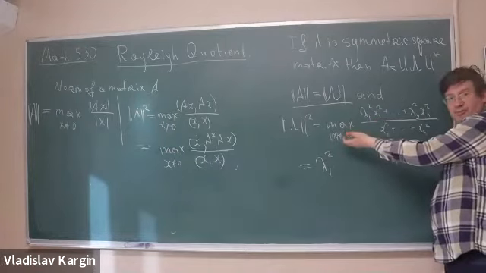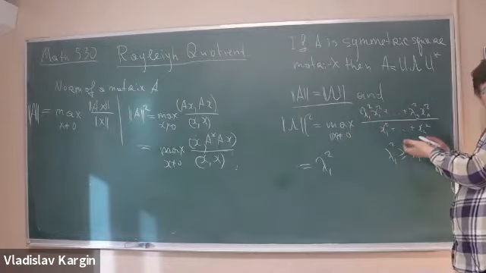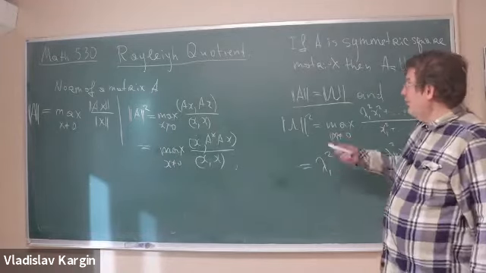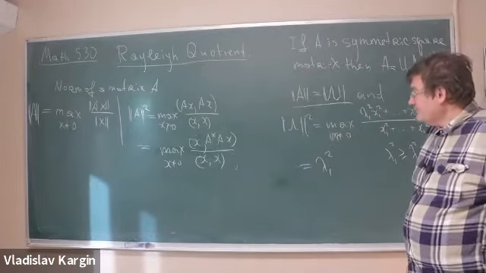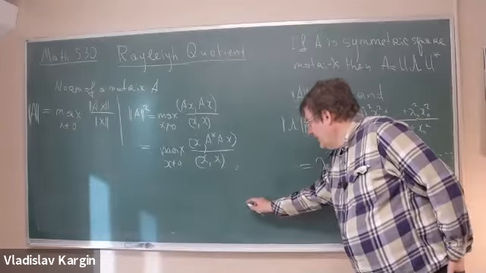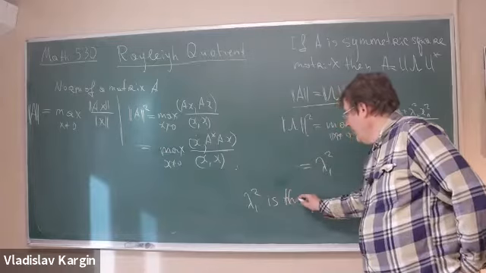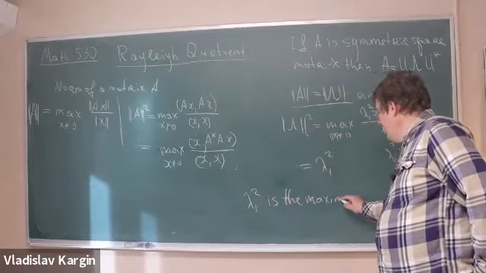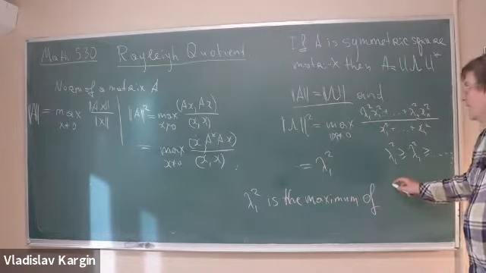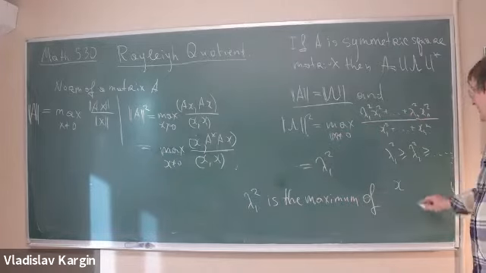This form will be maximized by lambda 1 squared. You can calculate it and find this. The upshot of all this is that lambda 1 squared is the maximum of this form.